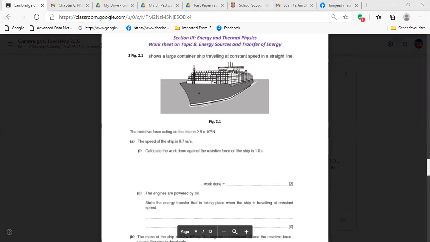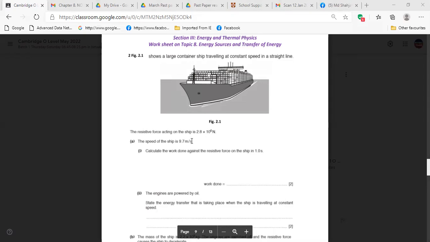Sir, can you explain again why do we need to multiply those two? Yeah, sure. This is the given speed of the ship, 9.7 meter per second. Per second means what? 1 second. So 9.7 meter in 1 second. Meter means distance moved, isn't it?